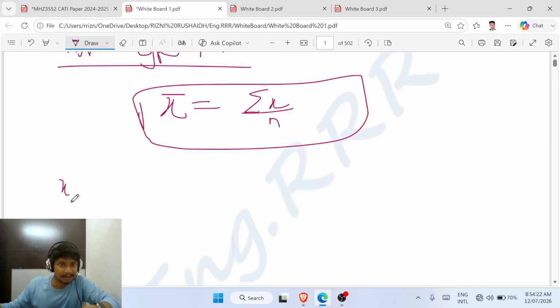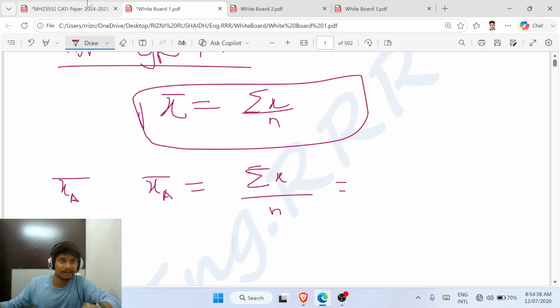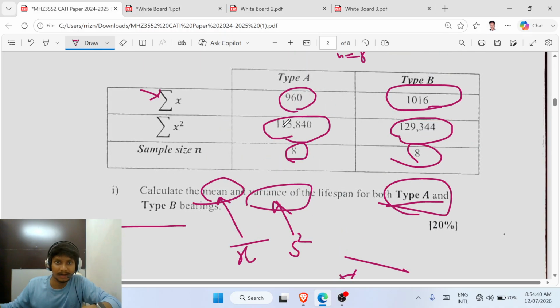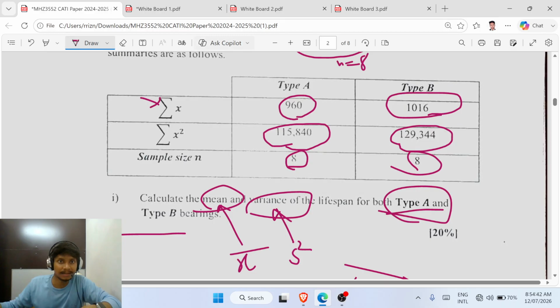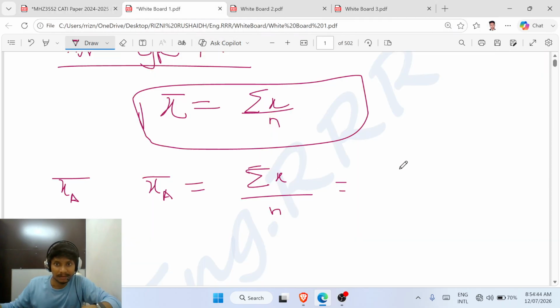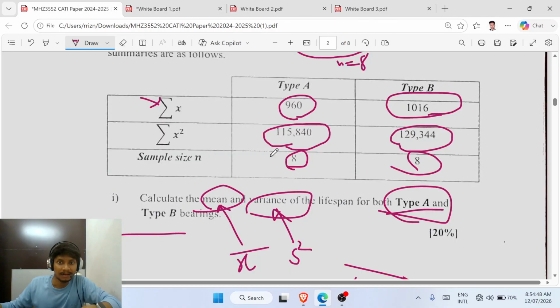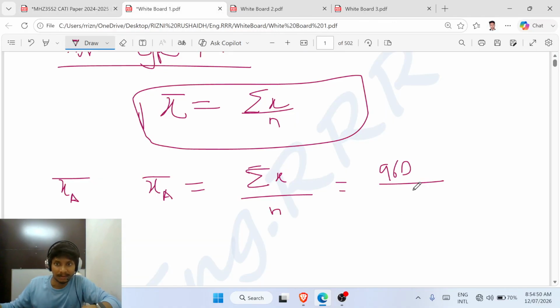Therefore, X A bar is equal to sigma x divided by n. Sigma x is 960, divided by n, which is the total samples, 8.